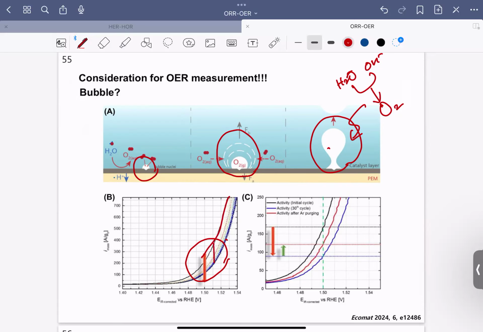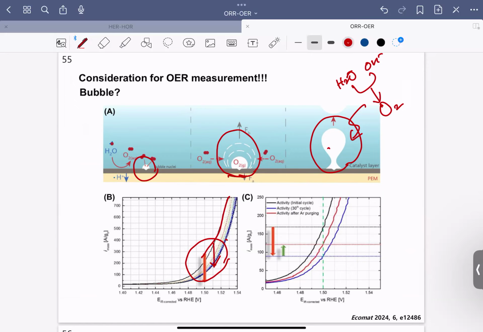And if you discuss the long-term operation, it looks like the activity is gone, right? So people think this material is not good for activity, not good for stability. But please keep in mind there is a possibility that the oxygen gas, the product gas, can affect the overall activity, right? This is a very interesting feature.